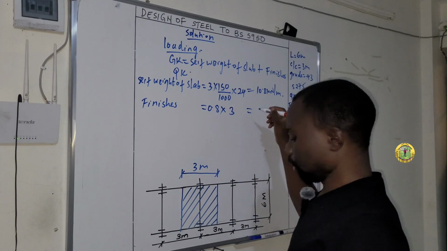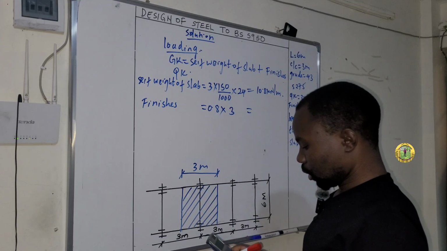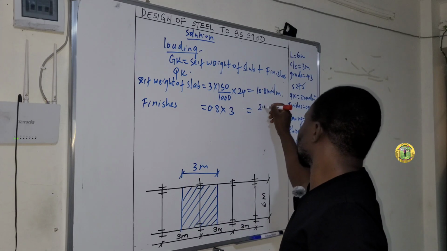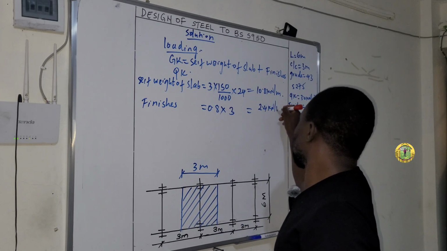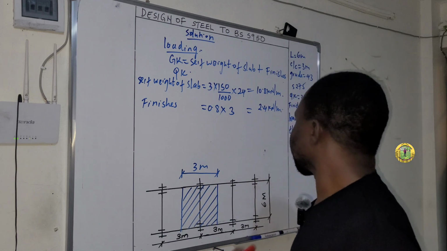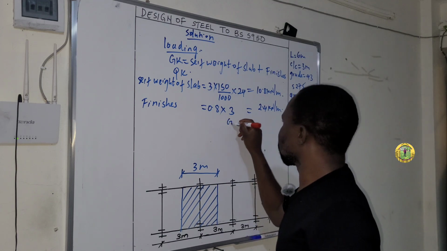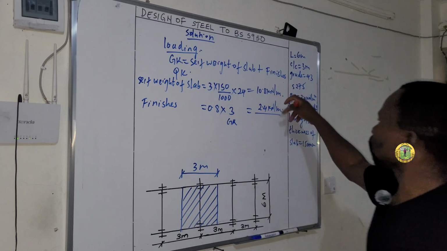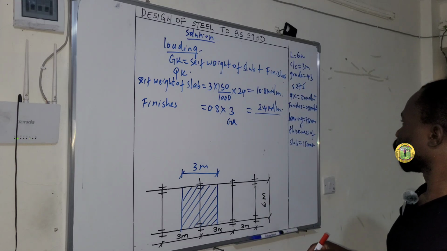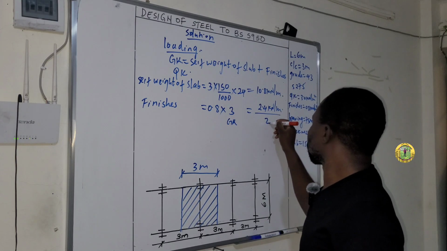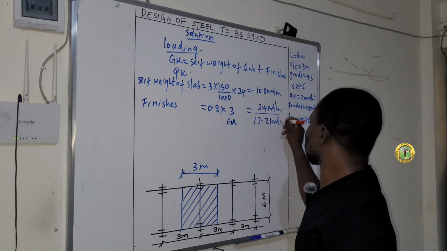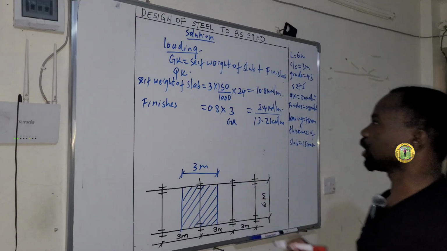So this one will be 0.8 times 3, which is 2.4 kilonewton per meter. Then the dead load, which is GK, will be the sum of these two. So this is 13.2 kilonewton per meter. So this is the GK.